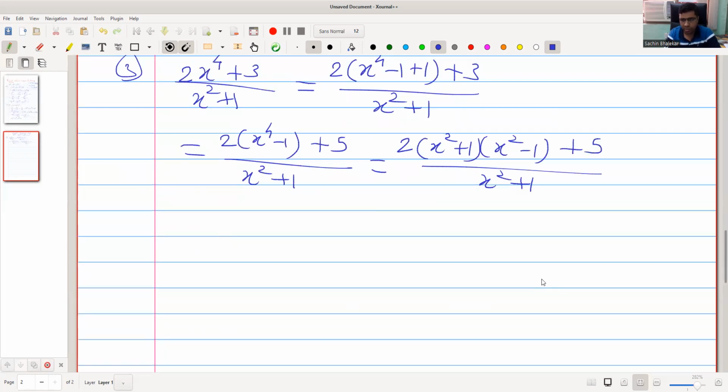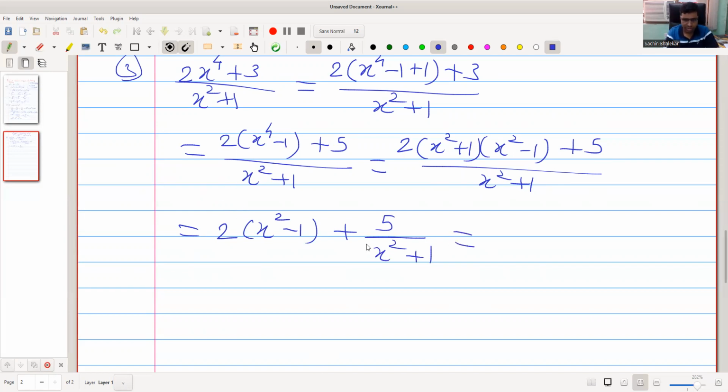Now we take separate denominator for these two terms in the numerator. So it is equal to 2 times x square plus 1 into x square minus 1 divided by x square plus 1. So this x square plus 1 gets cancelled and we simply have x square minus 1 plus this 5 divided by x square plus 1.